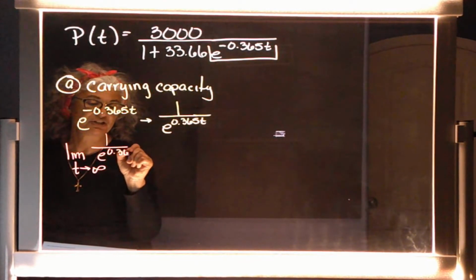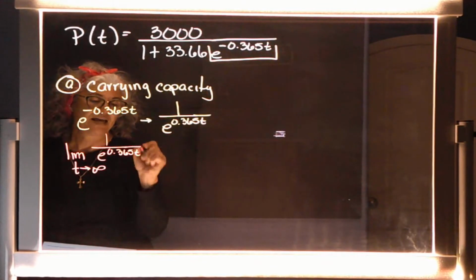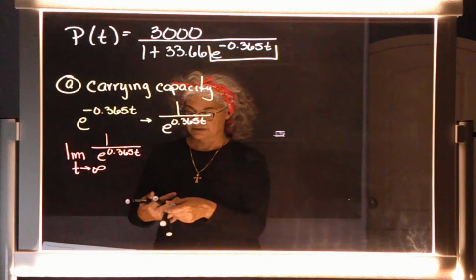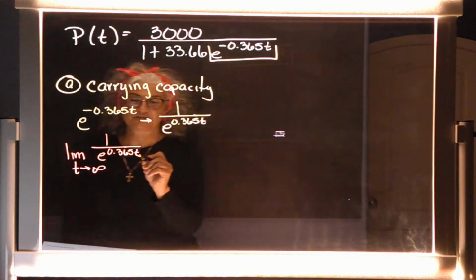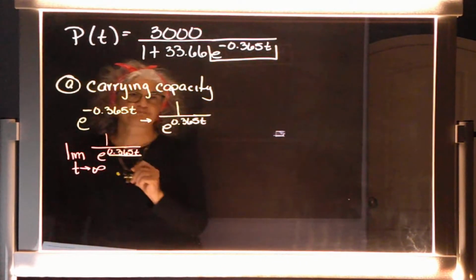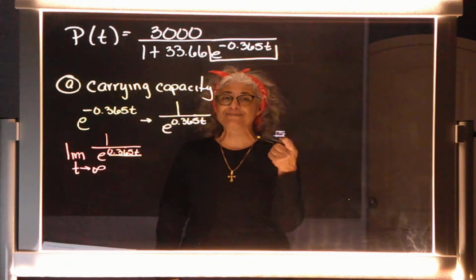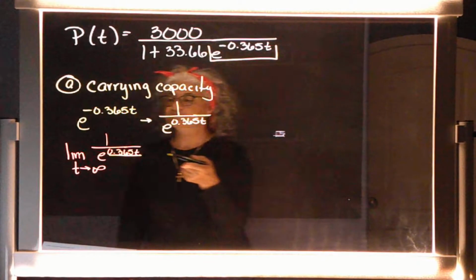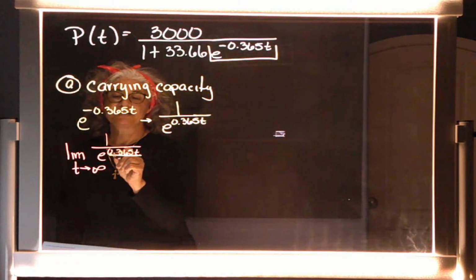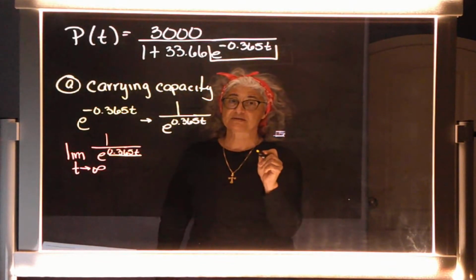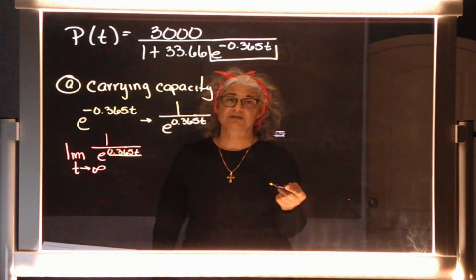And my question to you is this. As time moves on, as time gets larger, what happens to this exponent? It keeps getting larger, right? So as it keeps getting larger, then e to a large power becomes extremely large.